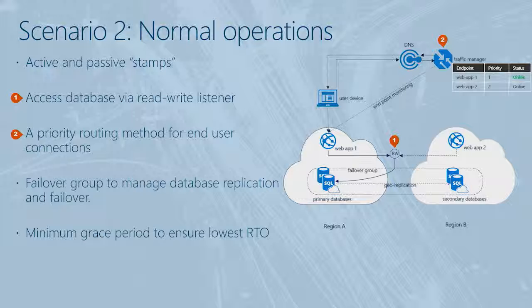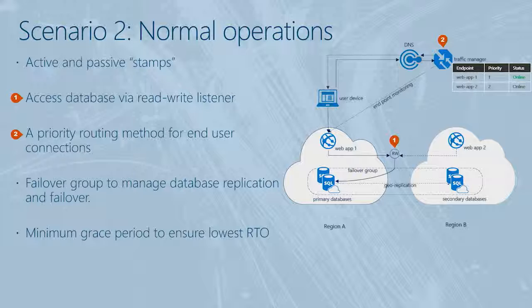So the way it works is, as I said, you deploy databases to two different regions using geo-replication and failover groups. And we'll show how it works in reality. And you put a web app or any sort of application tier object on top of it. A failover group is essentially a policy that you configure that says, this set of databases must fail over together.